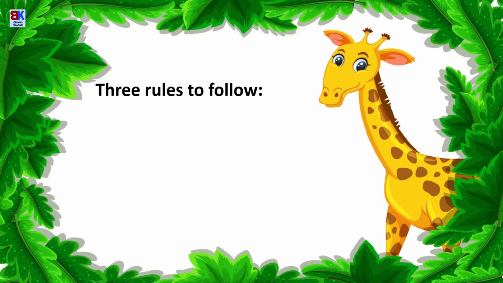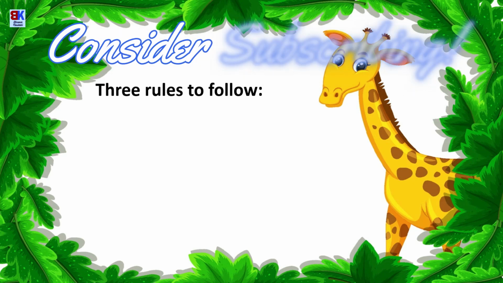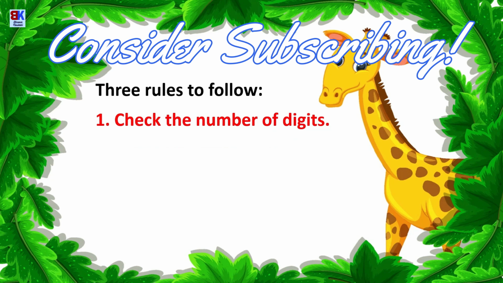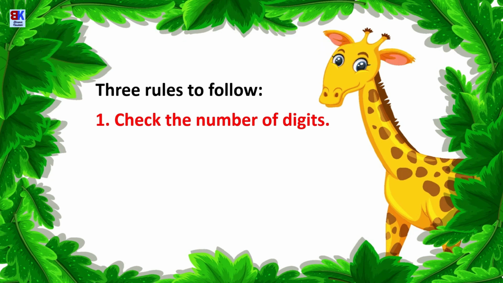For that, you have to follow 3 rules. First is check the number of digits. If we have a single digit number and a double digit number, we can easily figure out the smaller and the greater number, as we know that the single digit number will be smaller than the double digit number.